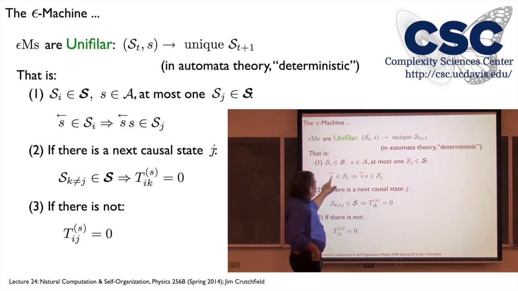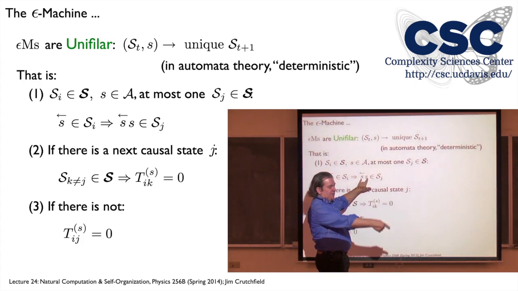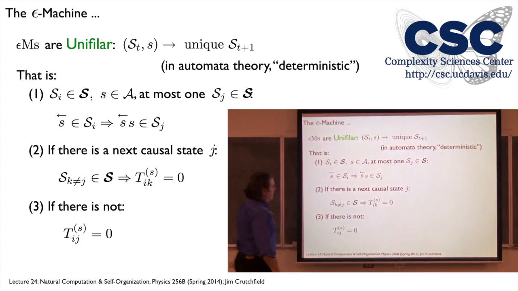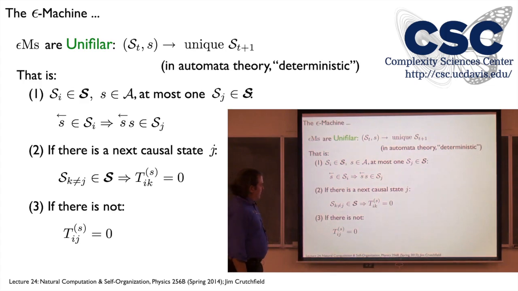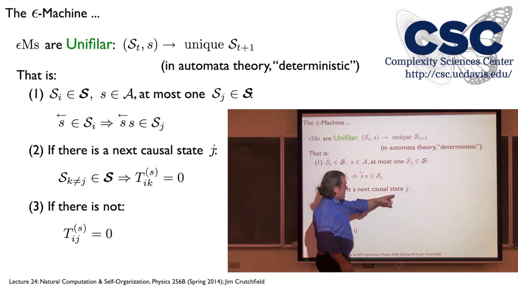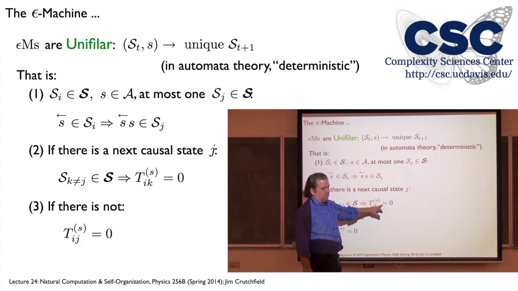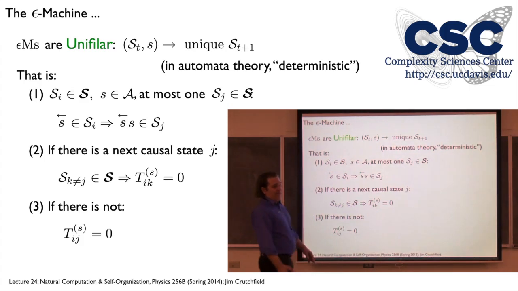But then if I see S, that gives me a new history at the next time step, and the claim is that that is in the successor state J, okay? So basically there are two different cases. If there is a next causal state, then we have to show that all the other successor states have 0 transition probability. Can't get there.